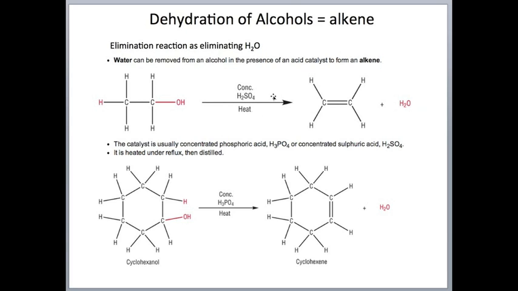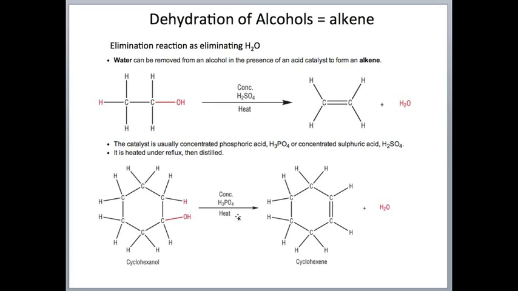The catalyst, as mentioned, is usually concentrated phosphoric acid or concentrated sulfuric acid. Again, you heat it under reflux and then distill it. You can do the same thing for cyclohexanol. If we remember, cyclo means there is a ring structure, hex means there are 1, 2, 3, 4, 5, 6 carbon atoms, and ol means there is an OH group attached somewhere.